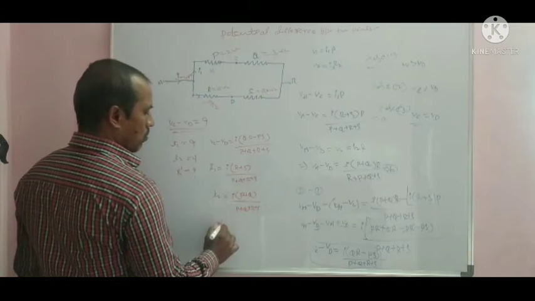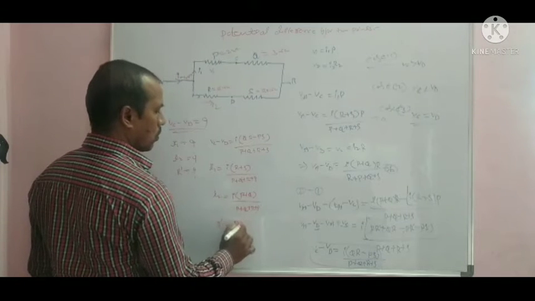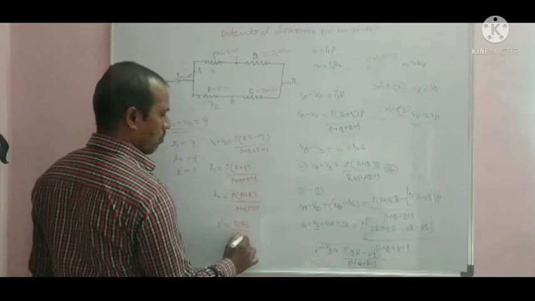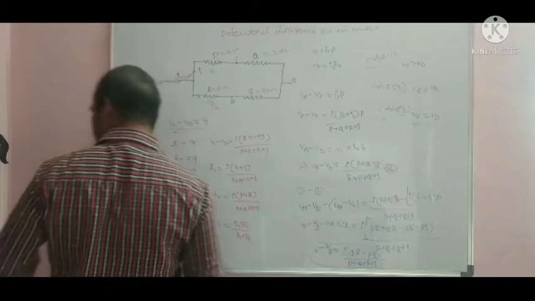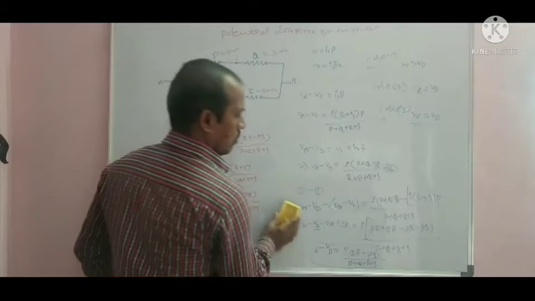So R prime is equal to R1 R2 by R1 plus R2. So substituting this value here, we can simplify.